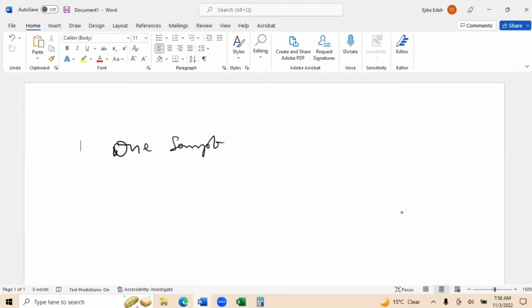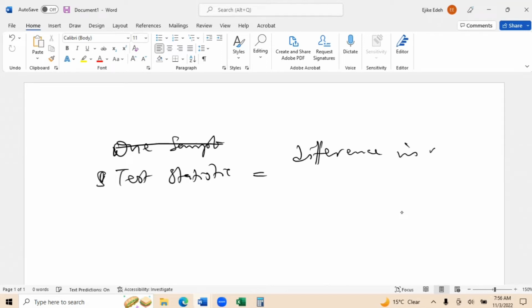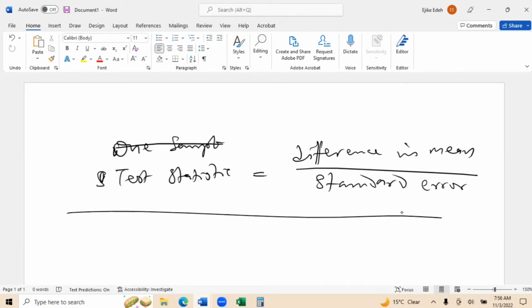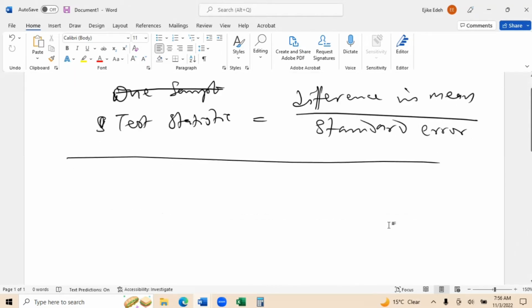So generally speaking, the test statistic is defined as the difference in mean divided by standard error. Not standard deviation, standard error. Standard error is standard deviation divided by square root of n for one sample, and we're going to illustrate that. We also do that for paired and for independent samples.